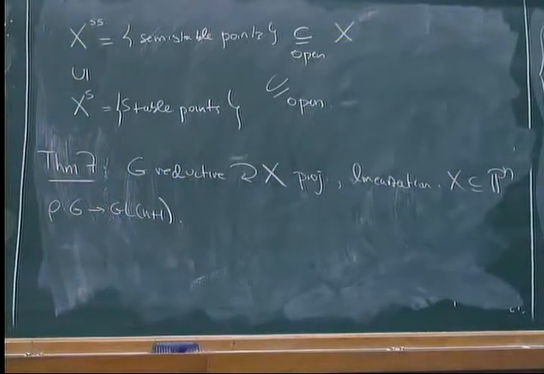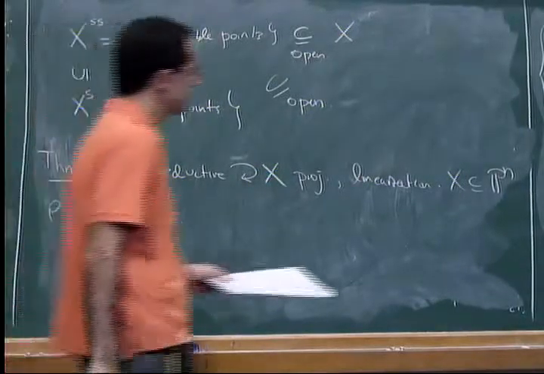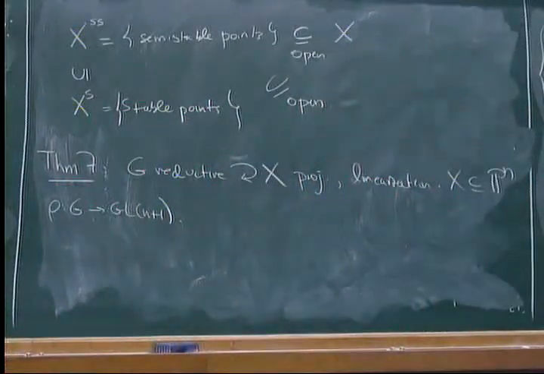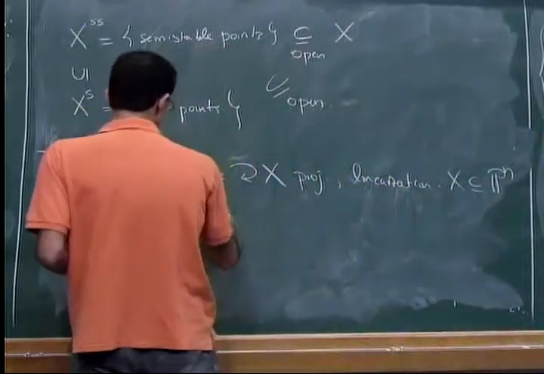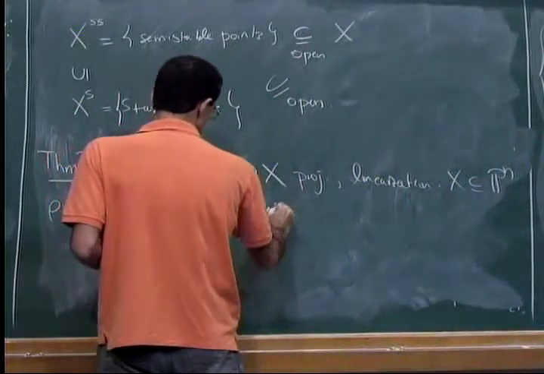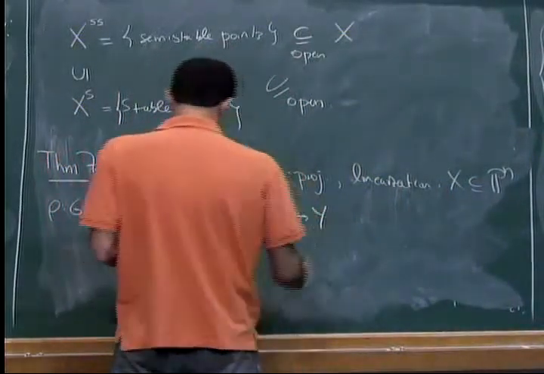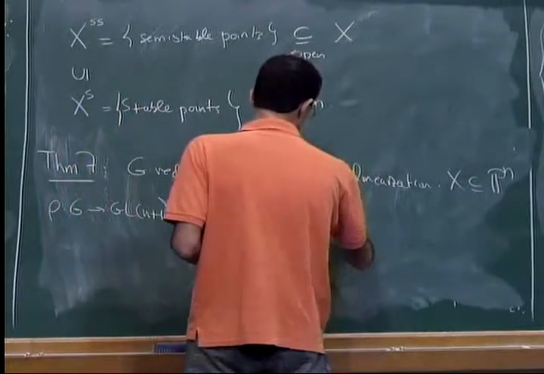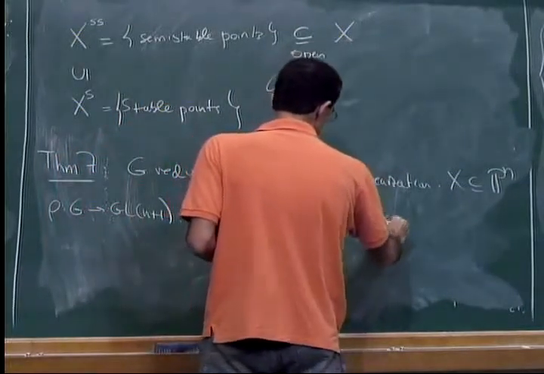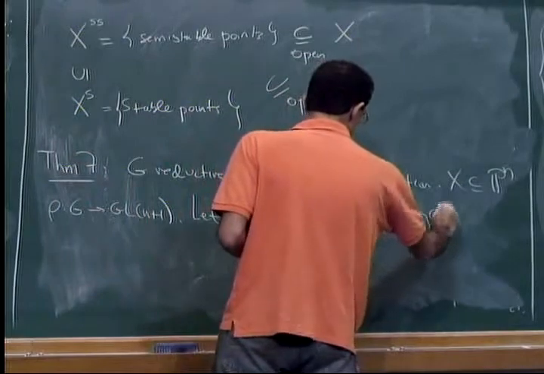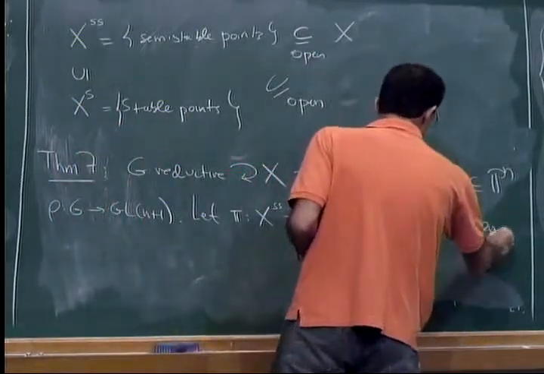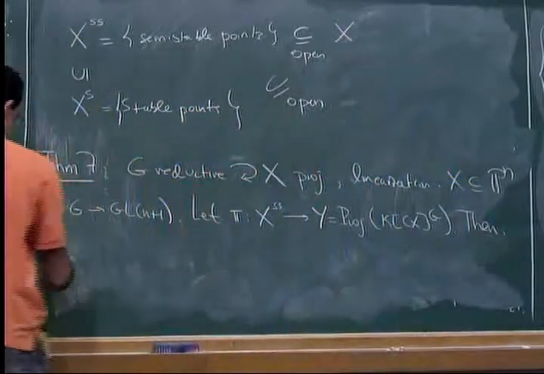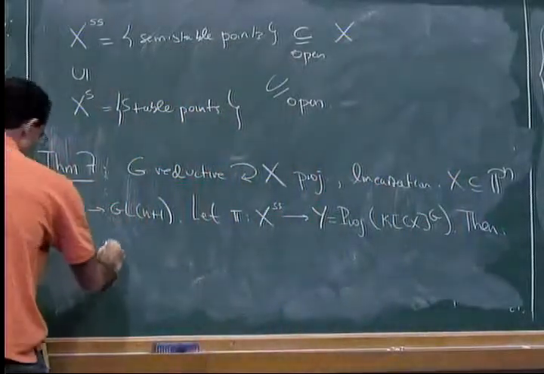Okay, so assume everything we have there. And then we have constructed from here a map to Y, which is this Proj. And then, finally, if we have all this, then this map is a good quotient.